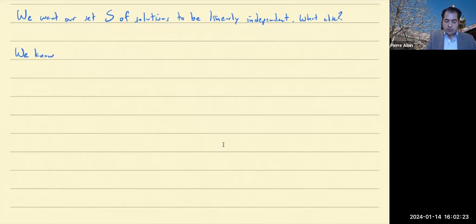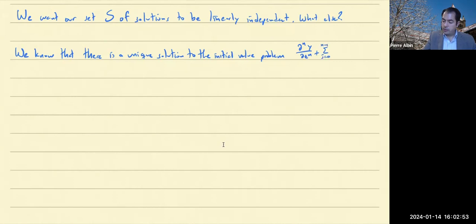Well, we know that there is a unique solution to the initial value problem where you have the nth derivative of y with respect to t plus the terms that use the lower order derivatives equal to 0, and then you have y of some point is y naught, up to the n minus 1th derivative at that point is y naught n minus 1.